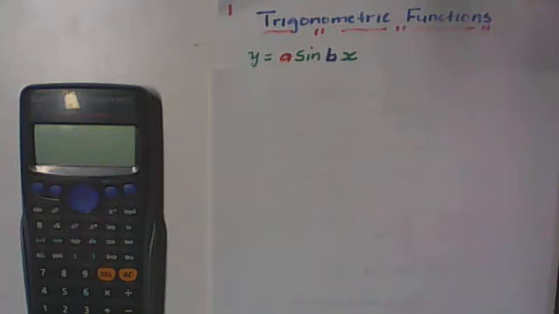Now, what is a? A tells you more about the movement of the wave. That is the up and down movement of the wave. And it tells you the maximum as well as the minimum. Now, up and down, that is along the y-axis.